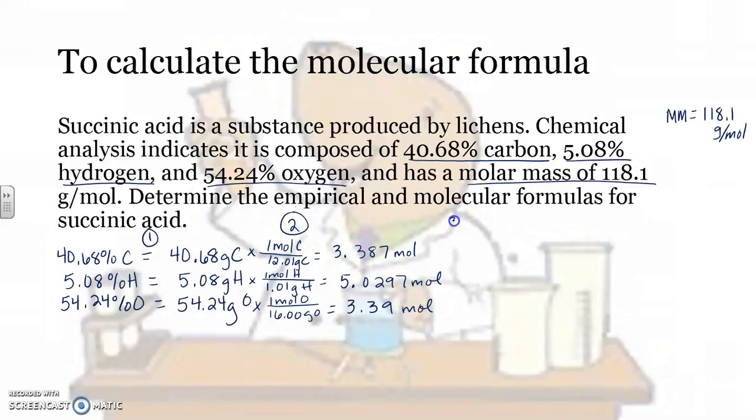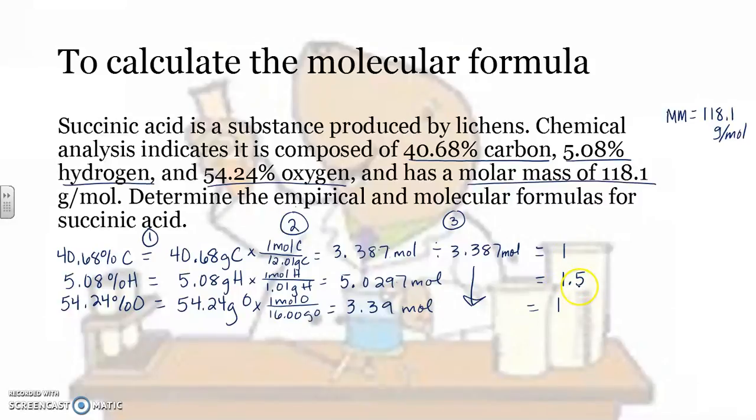So step 3, we've got to divide by the smallest mole. Which one's the smallest? 3.387. So divide all of them by 3.387 moles. I'm just going to put a down arrow, meaning I'm doing it for all of them. That's going to give me 1, this is going to give me 1, and 5.0297 divided by 3.387 gives us 1.48, which would be 1.5.